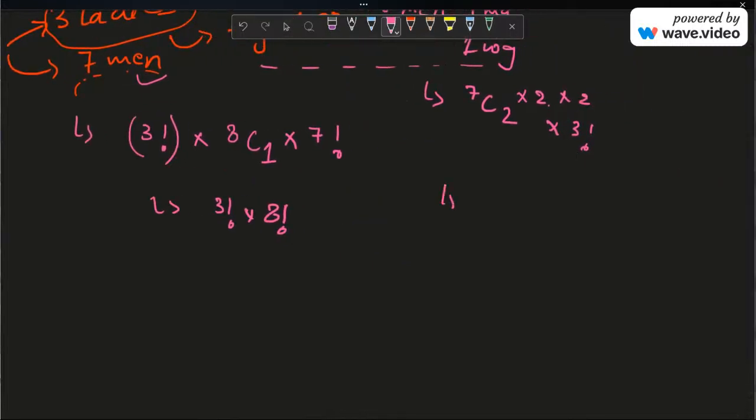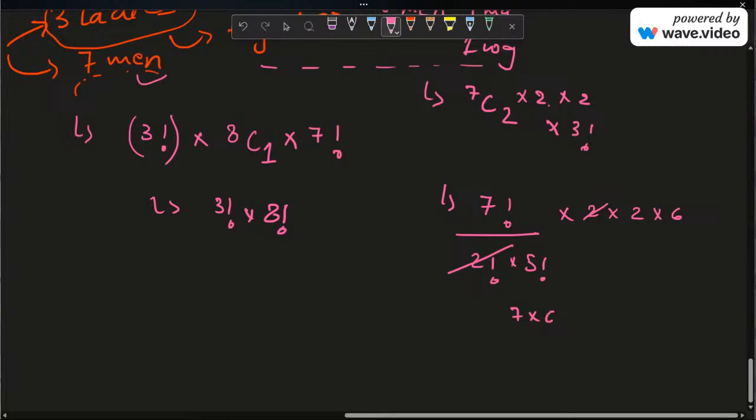Trying to evaluate this, 7 factorial upon 2 factorial into 5 factorial, into 2 into 2 into 6. This will cancel out, and it will be 7 into 6 into 6 into 2.